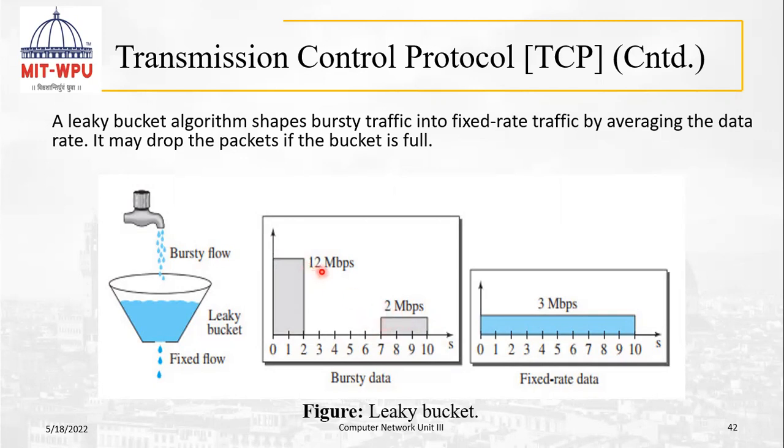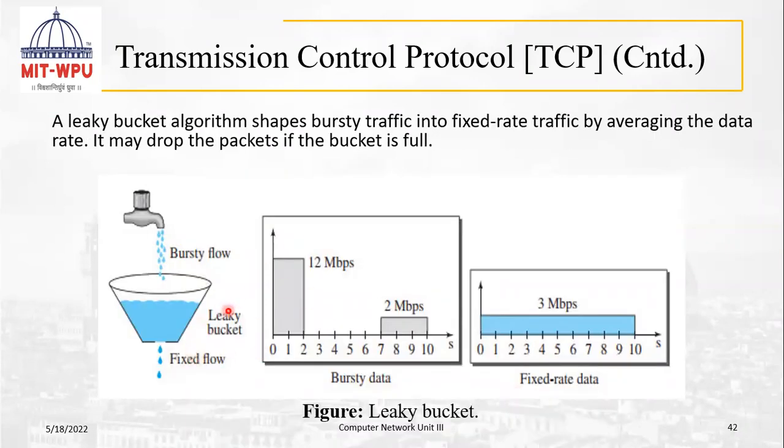Sometimes you send 12 Mbps speed, sometimes you send 2 Mbps speed. So you channelize the speed to 3 Mbps, so that there will not be any variation. Even if there is a burst of data, it has to be managed with a fixed data rate. And that can be managed with the leaky bucket algorithm.